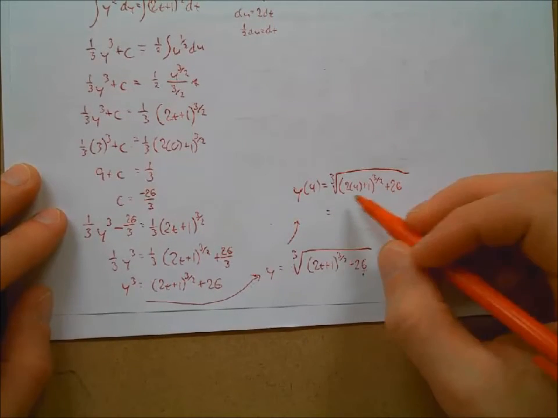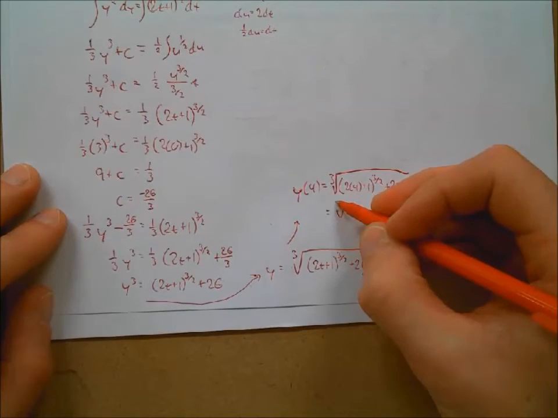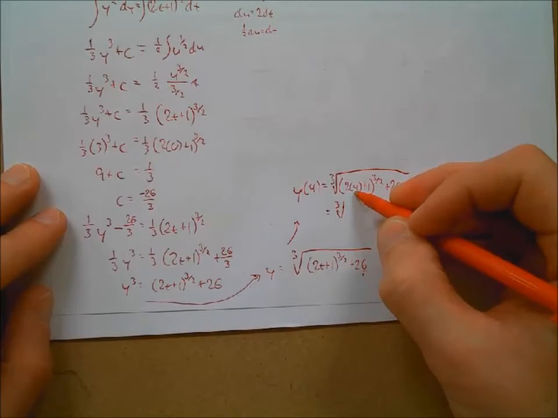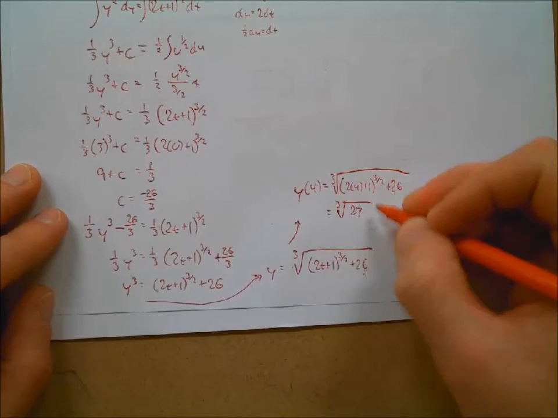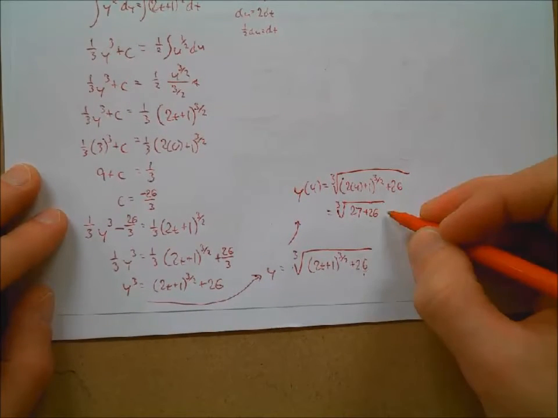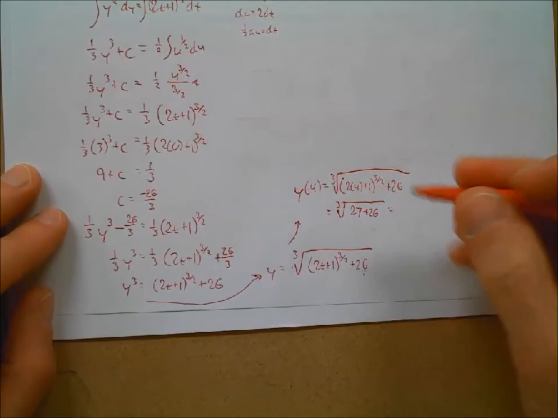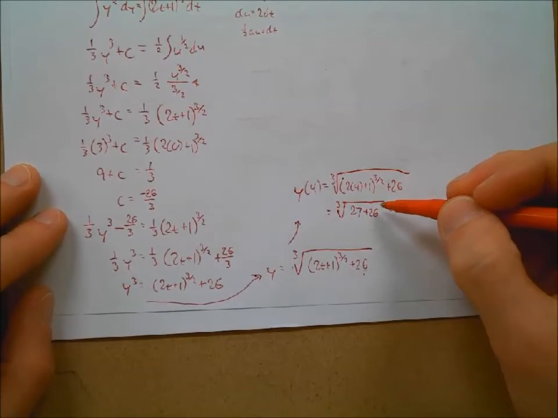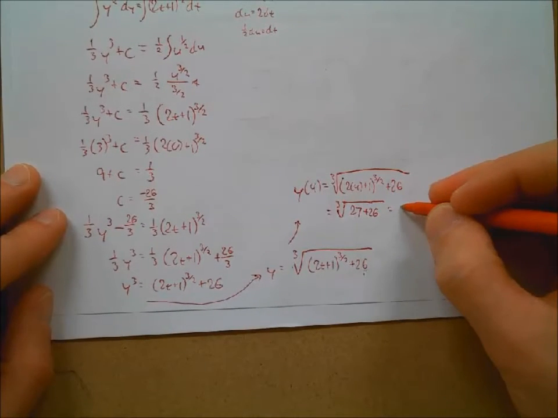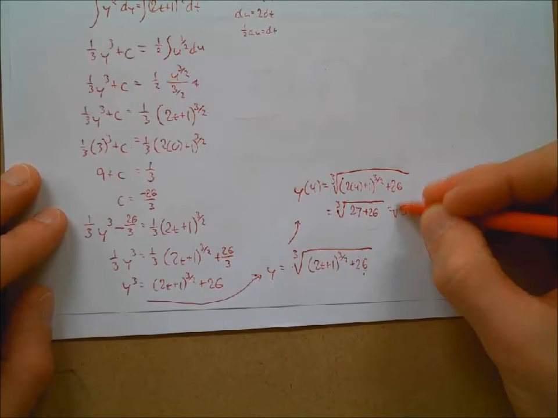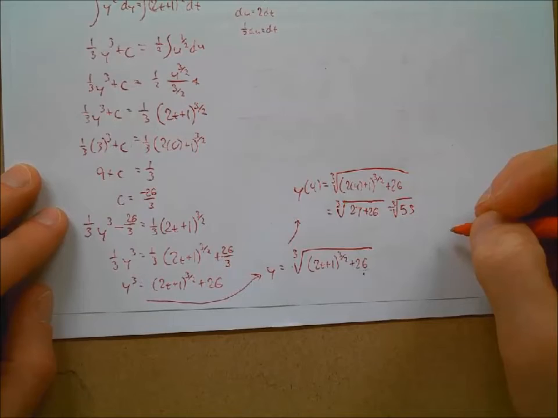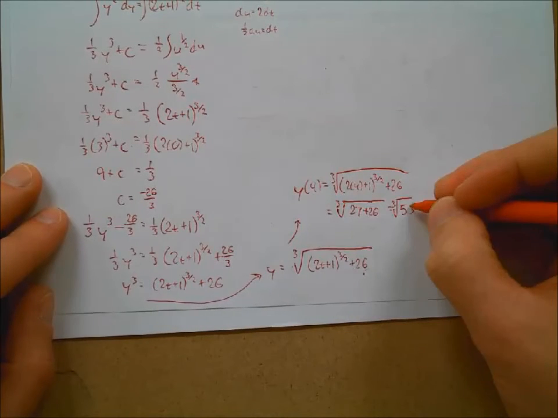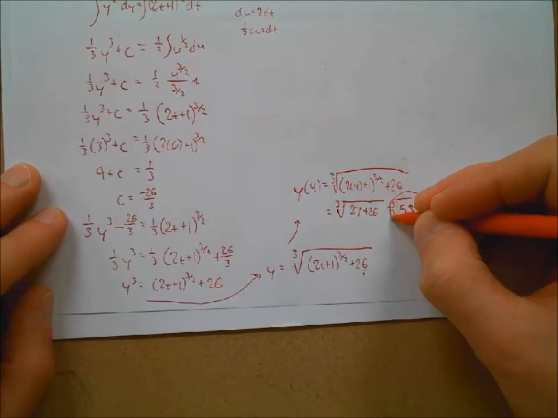But let's torture ourselves just a few more minutes. So 2 times 4 is 8, plus 1 is 9, square root of 9 is 3, cubed is 27, plus 26. Yes. Okay, and so then, what is that, 53? Okay, 53 is not a perfect cube, and I don't think you can divide any perfect cubes out of that, so we're done here.